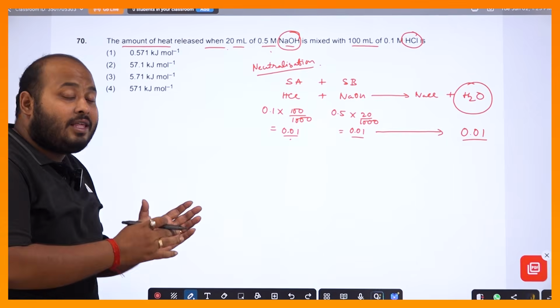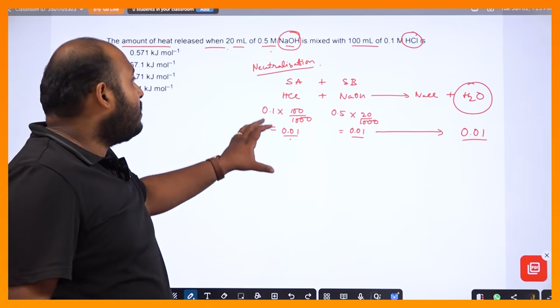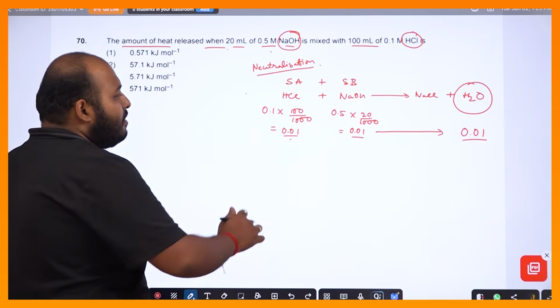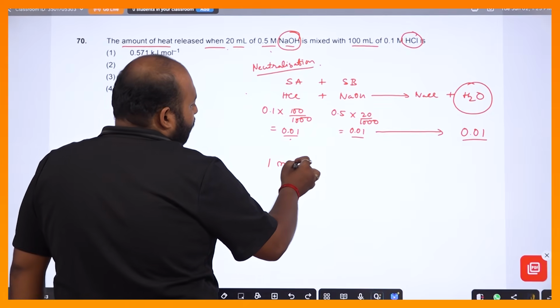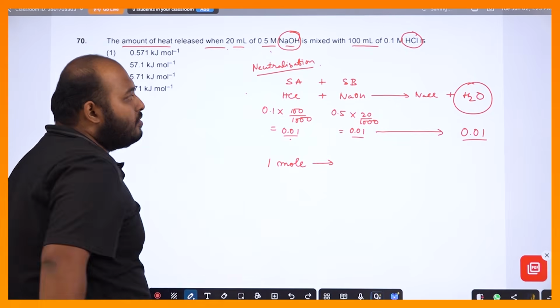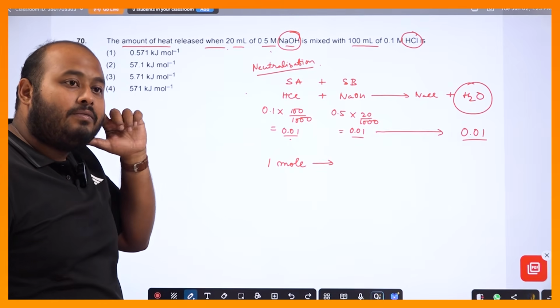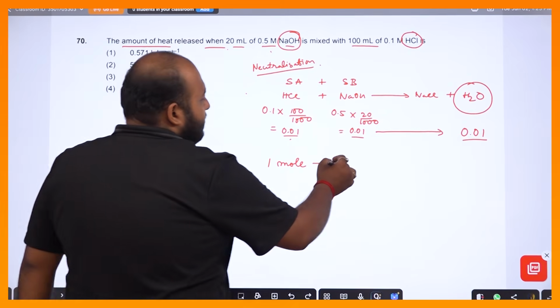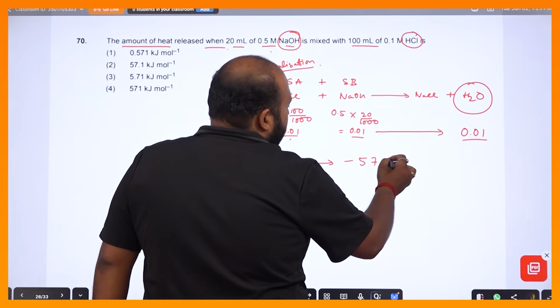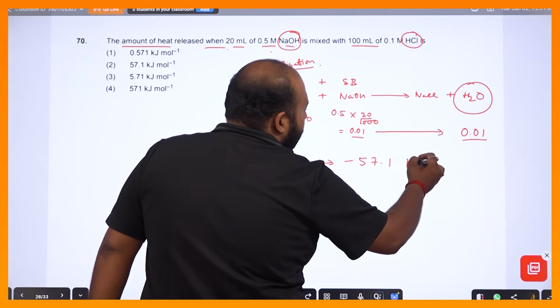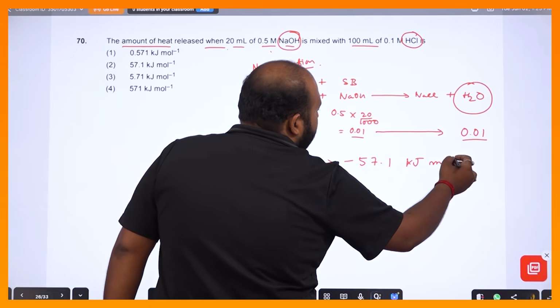So the standard enthalpy of neutralization in a strong acid strong base case is always, you have to remember this part, that 1 mole of water formed in a strong acid strong base neutralization gives an energy of about minus 57.1 kilojoule per mole.